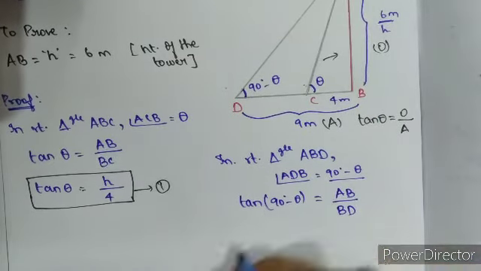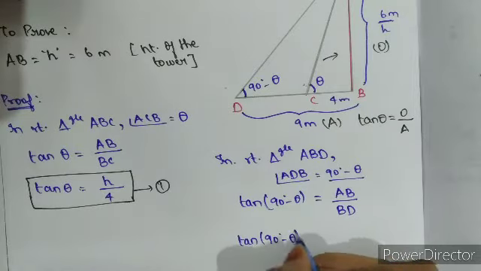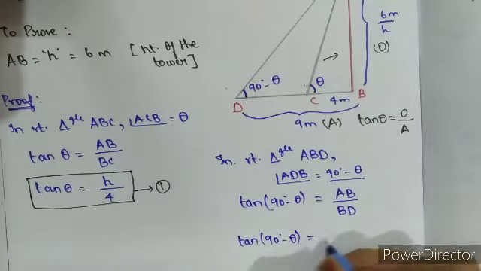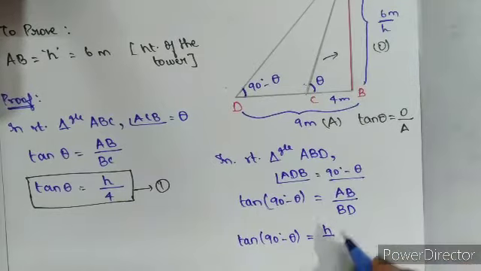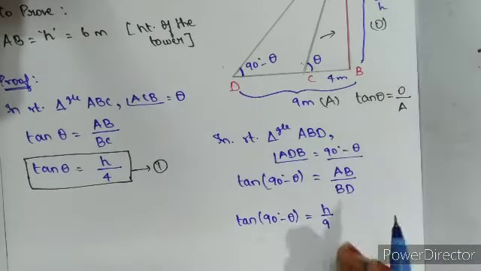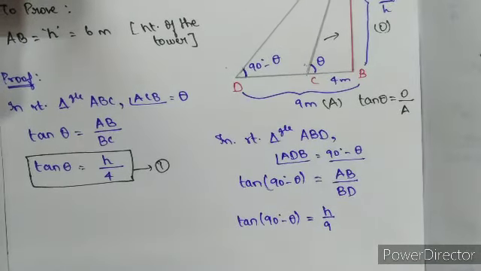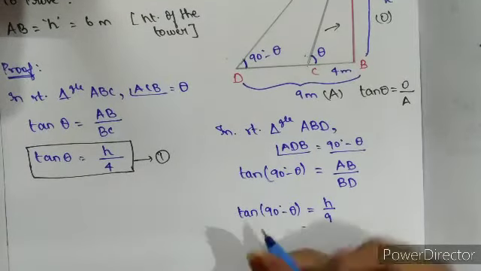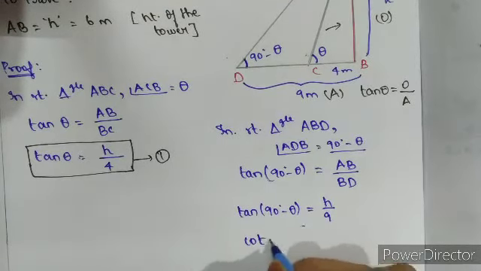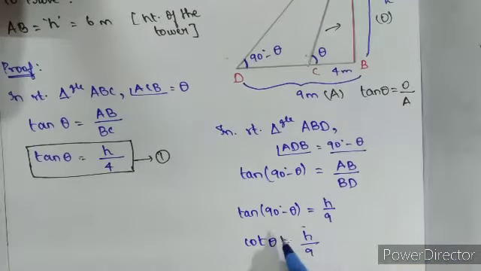See here, tan of 90 minus theta is equal to h by, so the BD is 9. So see here, we know that tan and cot are complementary ratios. So this tan 90 minus theta can be written as cot theta. Cot theta is equal to h by 9.